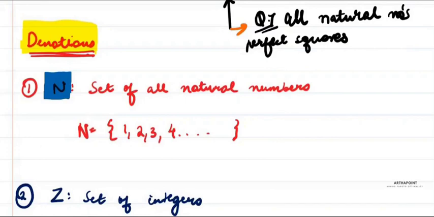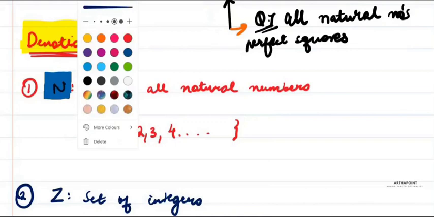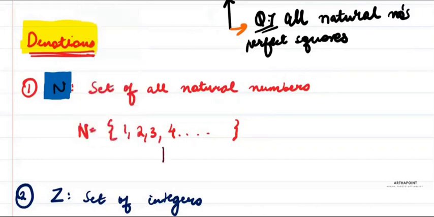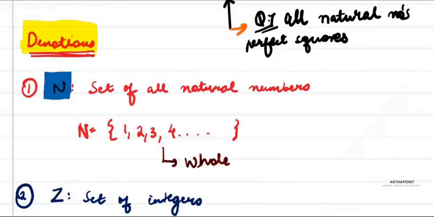Now, here I want to also focus a bit on whole numbers, which usually people don't do. So, whole numbers are my natural numbers, but they also include 0 in it. Okay, so whole numbers are natural numbers inclusive of 0.